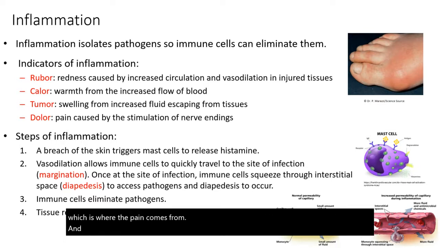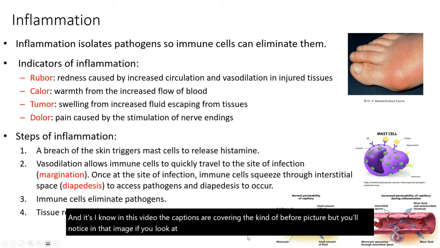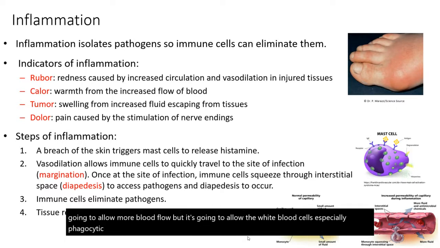And so the vasodilation, even though it can result in the tumor and dolor, is very, very beneficial because, and I know in this video the captions are covering the before picture, but you'll notice in that image if you look at your PowerPoints, by having those vessels swell, yes, it's going to allow more blood flow, but it's going to allow the white blood cells, especially phagocytic cells, to travel more quickly to the site of infection.